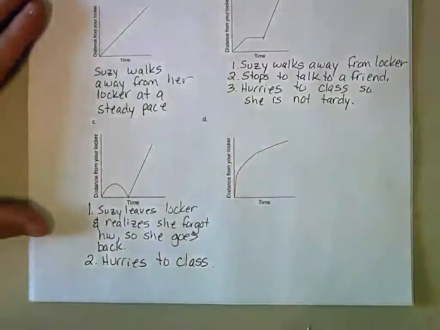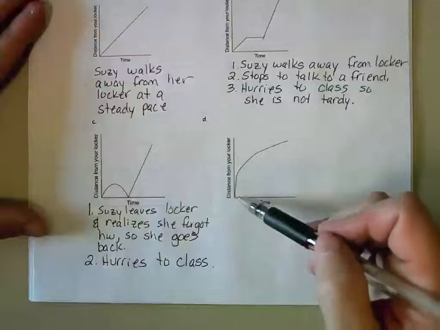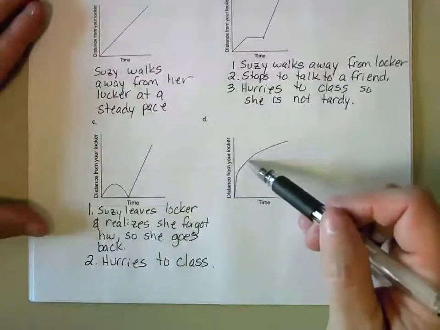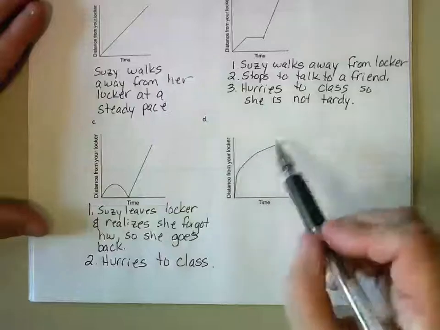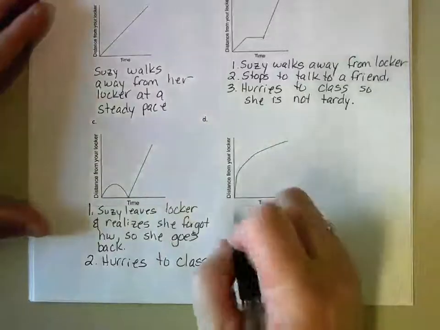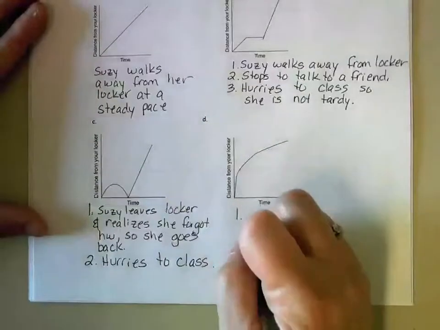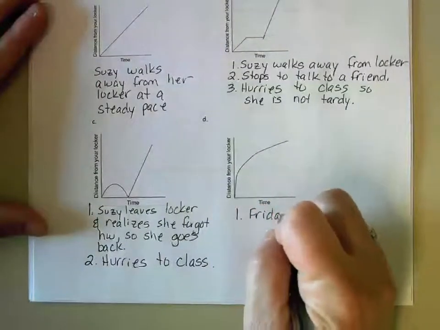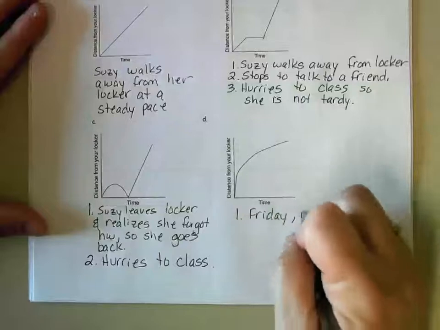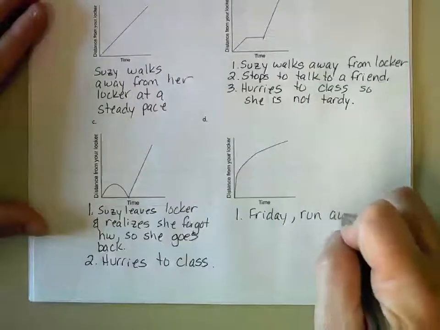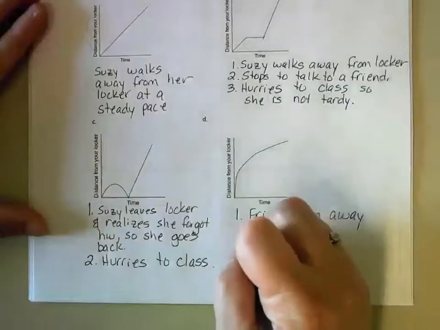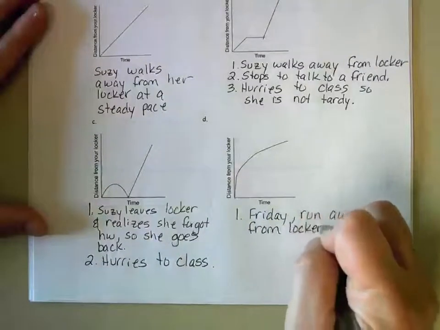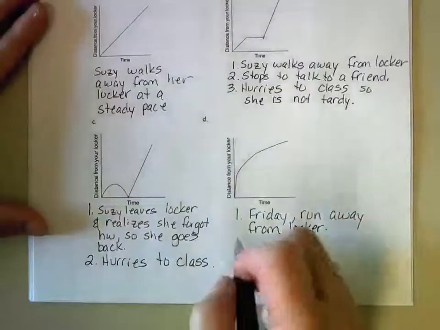And letter D, leave the locker at a really, really fast pace, slow down, and then kind of a constant rate. So for this one, I would say it's Friday, and you are very excited to leave school, so you run away from your locker at a very rapid pace.